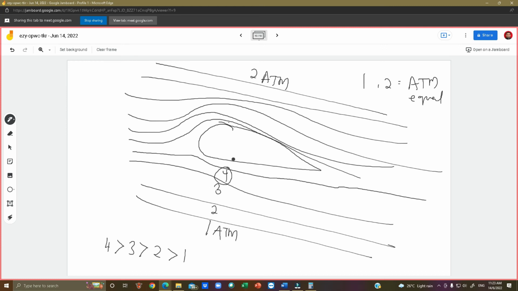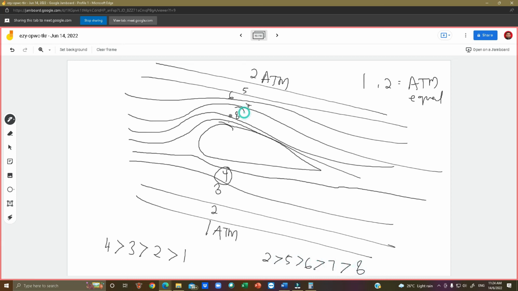Yang atas ni pula, okay, kita namakan dia sebagai 4. Okay, ini will be 5, 6, 7, 8. Okay, kita abaikan satu ni lah. Okay, 5, 6, 7, 8. So here, pressure yang paling tinggi is 2. 2 is more than 5, is more than 6, is more than 7, is more than 8.